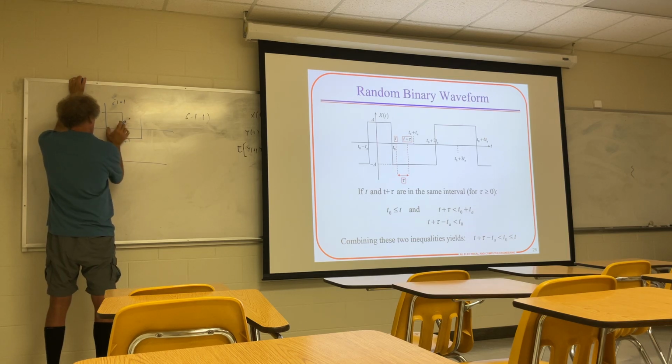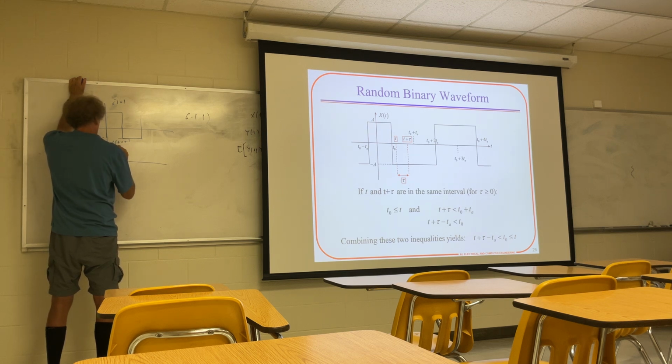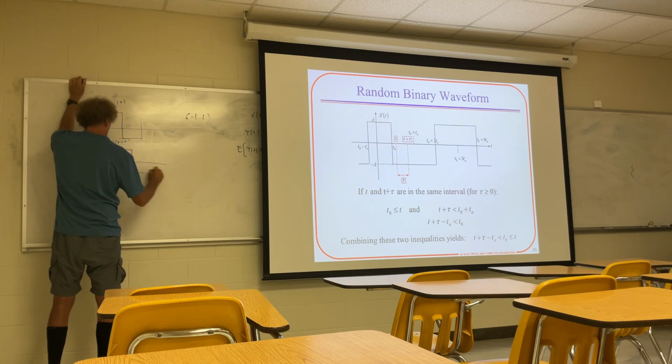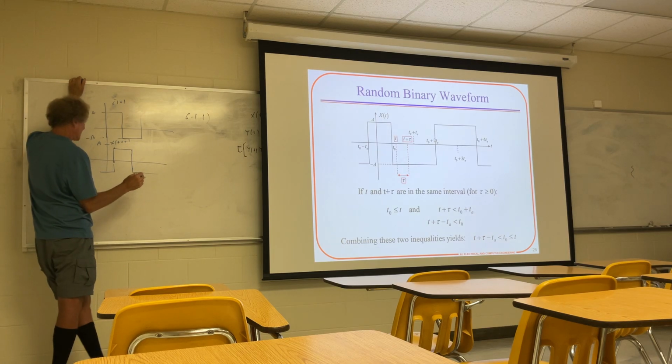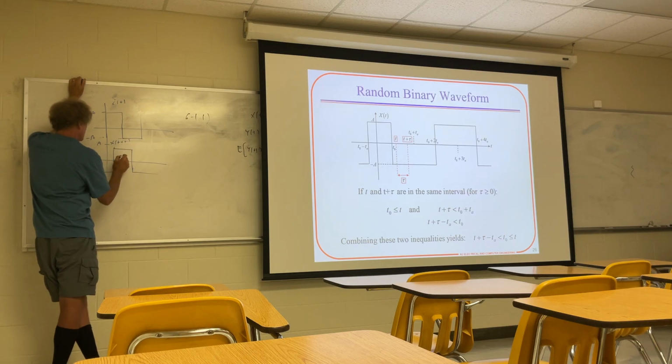Now the only thing I'm going to do is take that and shift it. So it's going to be something like this. And this distance right here is going to be tau.